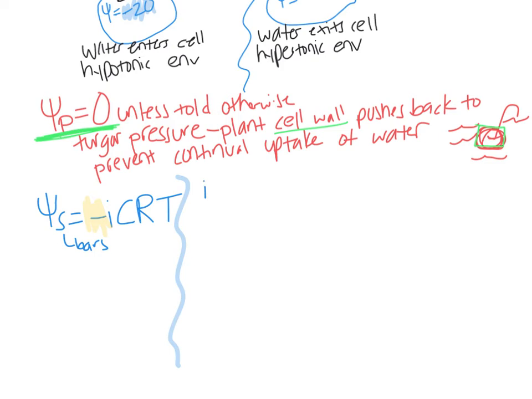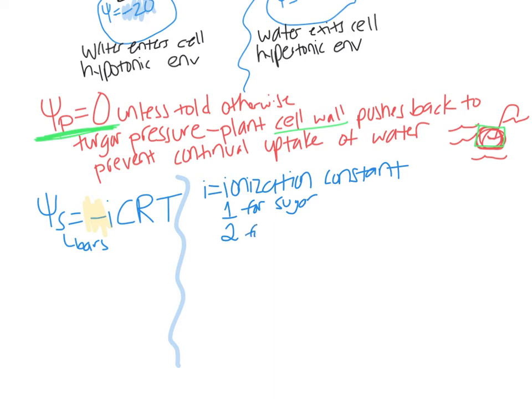I is representative of the ionization constant. When something gets dissolved in water, that ionization constant will either be 1 or it will be 2. It will be 1 for sugar, because when I dissolve sugar in water, the molecular shape of sugar stays the same.